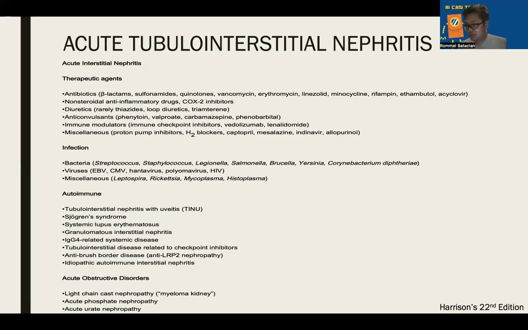Weakness, flank pain, and joint pains are some uncommon manifestations as well. So, acute kidney injury, it also presents as non-anion gap or normal anion gap metabolic acidosis. It could cause polyuria and also yung Fanconi syndrome, which leads to decline of most electrolytes as well.